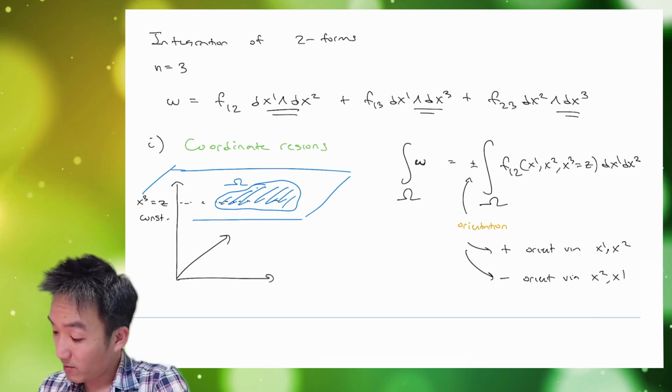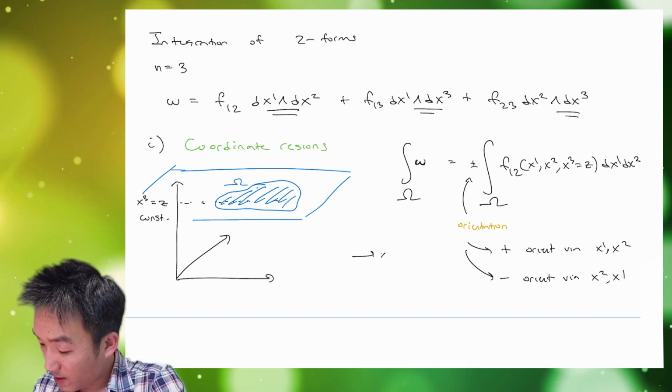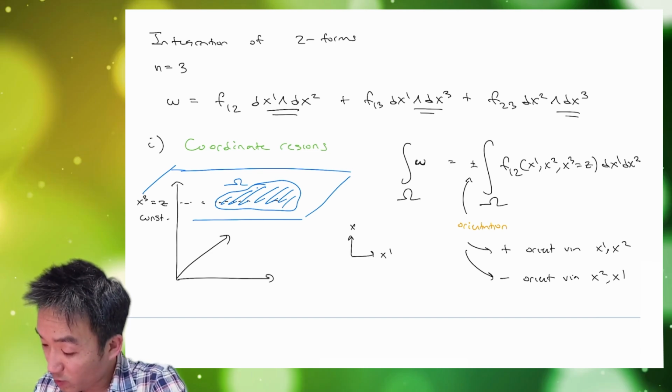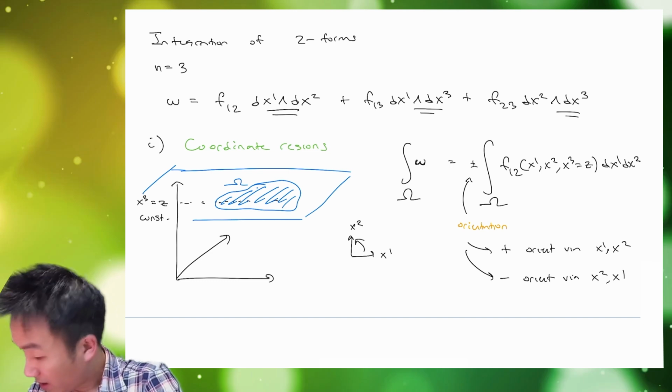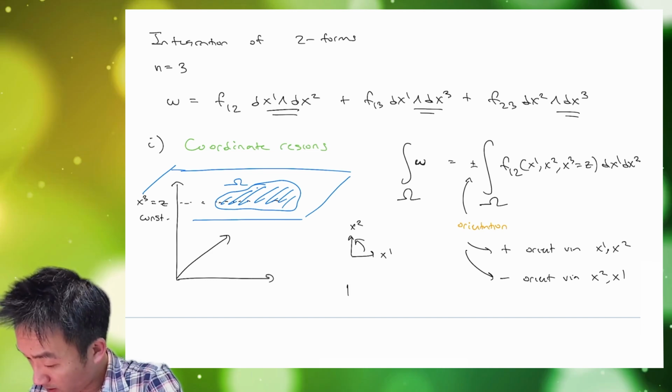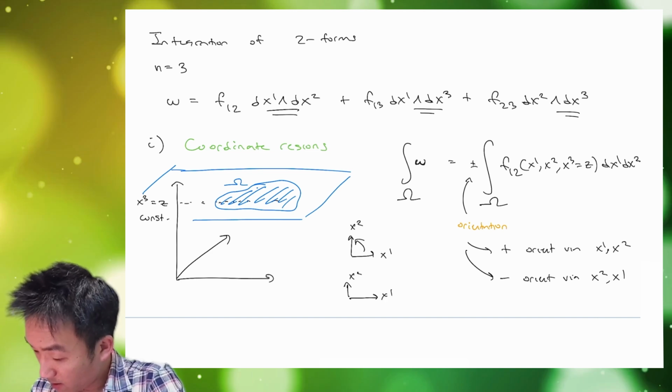So if I have x1 followed by x2, I'm going counterclockwise, and if I have x2 followed by x1, then that's clockwise.